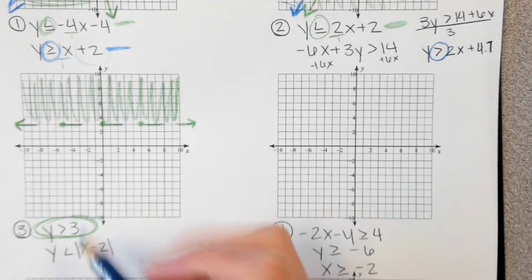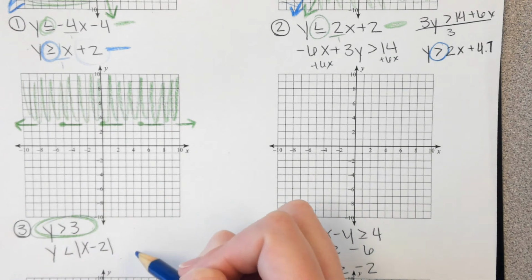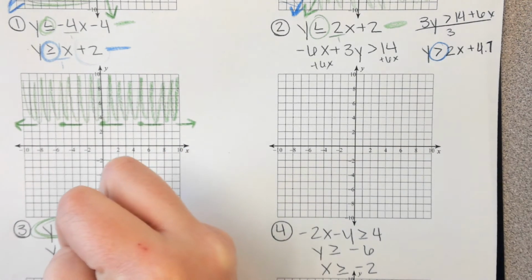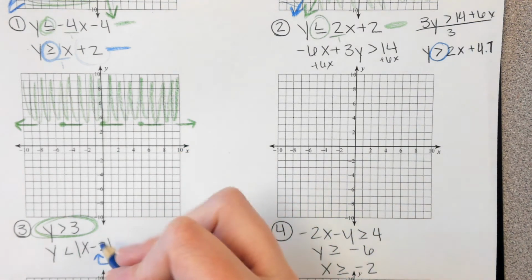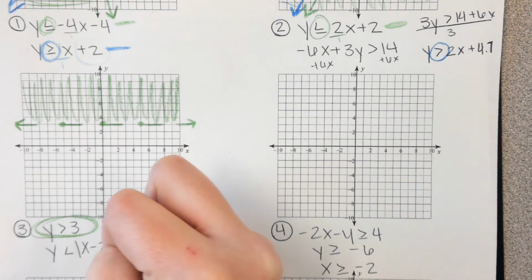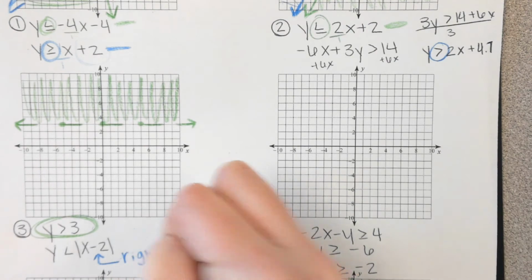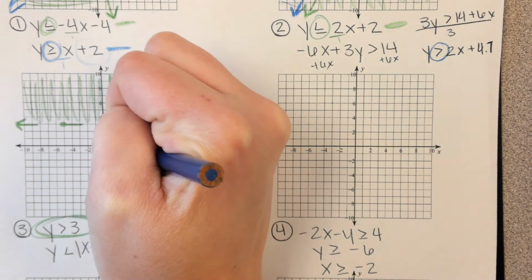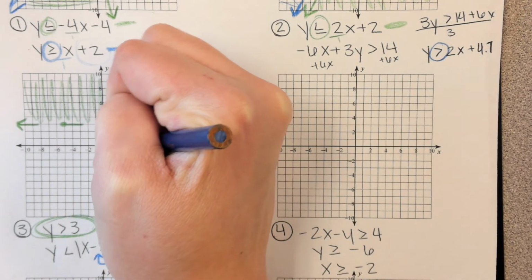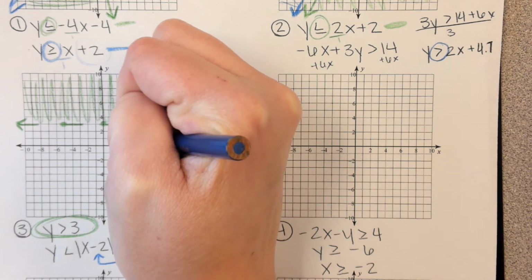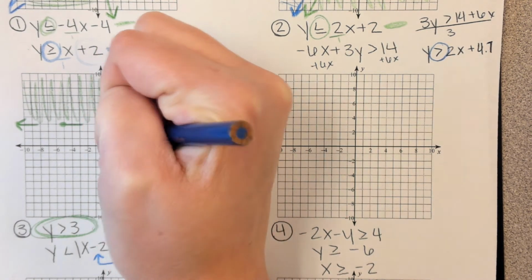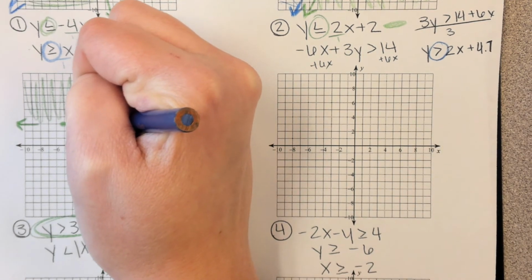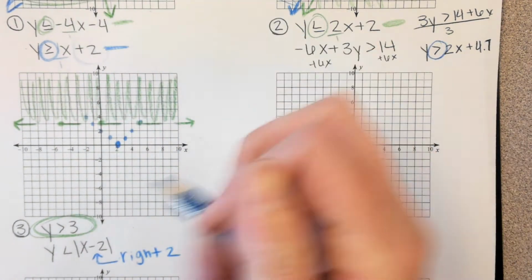Okay, now, this is my absolute value inequality. So remember, the number on the inside, you're moving left or right. So negative is right 2. So I'm going to go over 2 from the origin. And then our absolute value is that V shape. You just go up 1, over 1, up 1, over 1 on both sides to make that V shape.